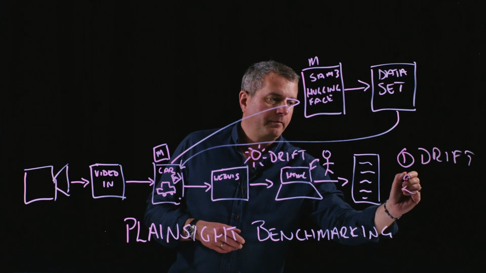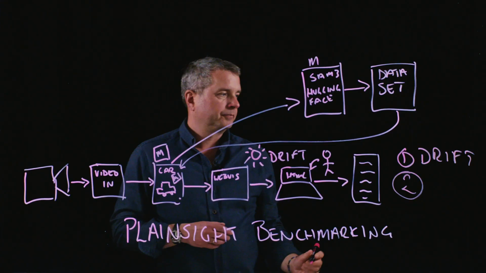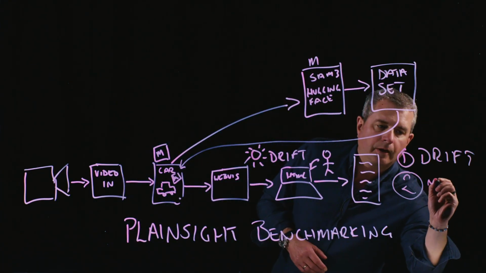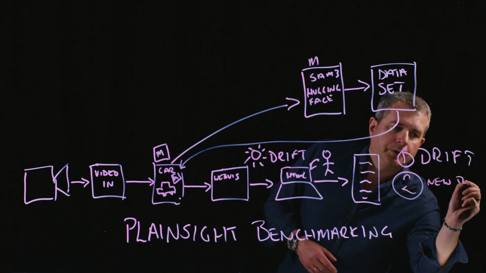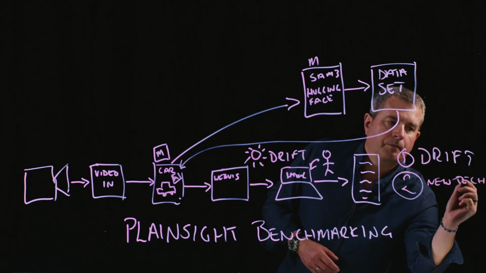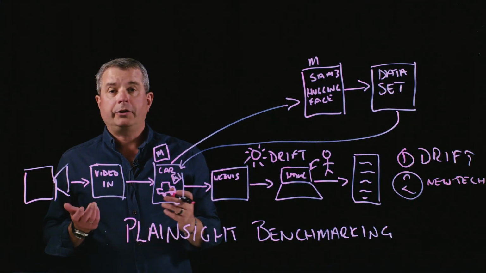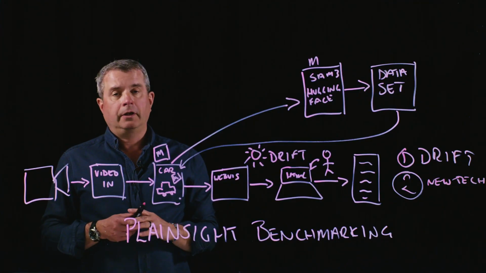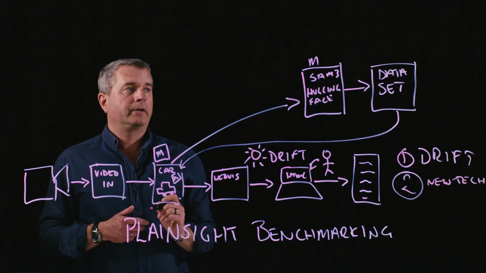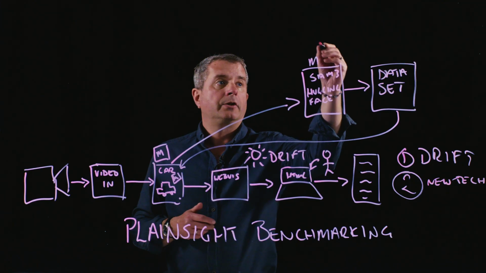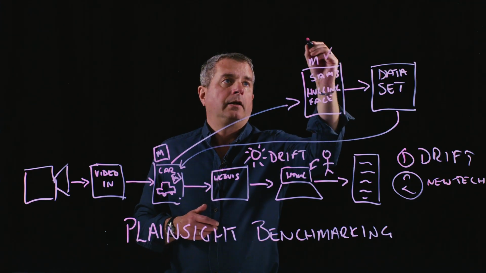The second is, and I'm just going to call this new tech. New technology comes along in multiple different shapes and sizes and flavors. It might be new models, so it may be up here, right? Who knows?